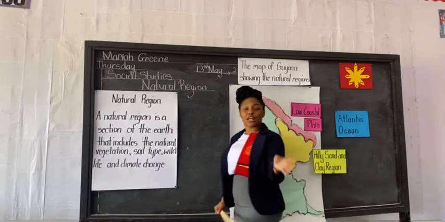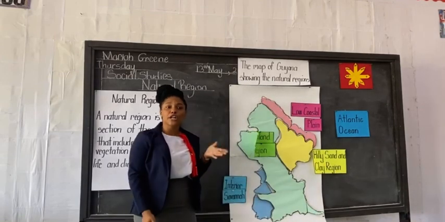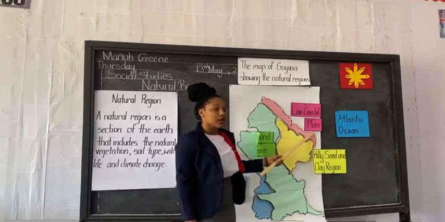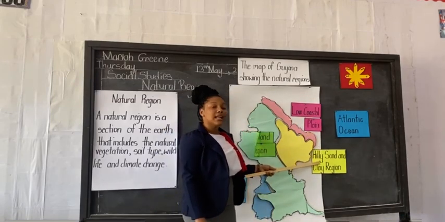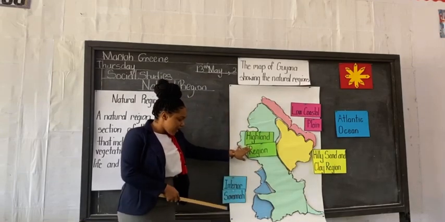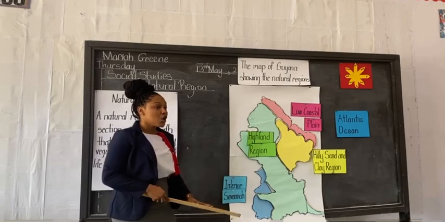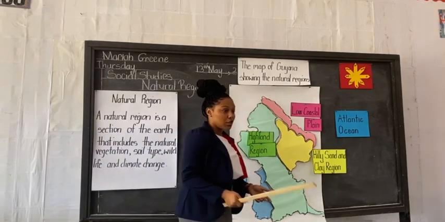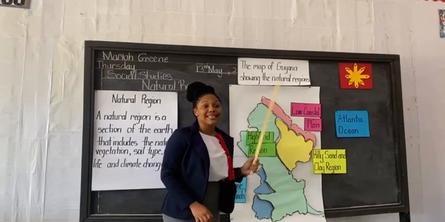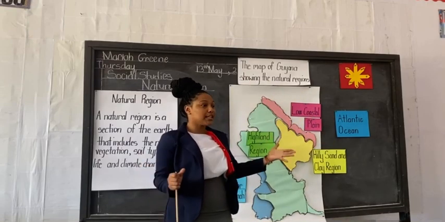And we also said that there are 4 natural regions found in our country, Guyana. We said that there's the low coastal plain, the hilly sand and clay region, the highland region, and the interior savanna, right?